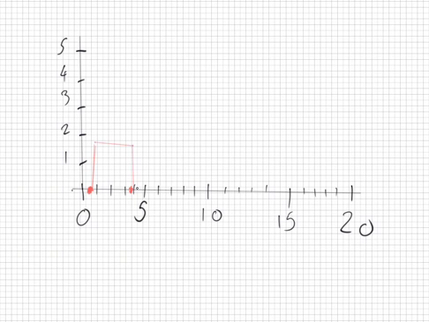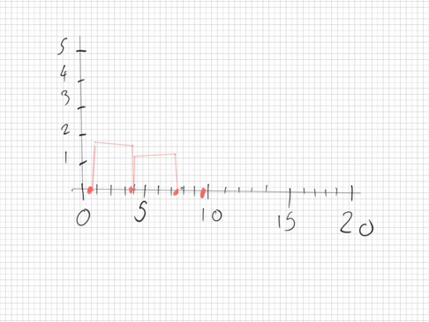Now what's the next one? 3.5 up to 7.5, and what's the height? 1.25. So that's a little bit lower. Okay, the next one? It's 7.5 to 9.5. Oh, so it's quite small.